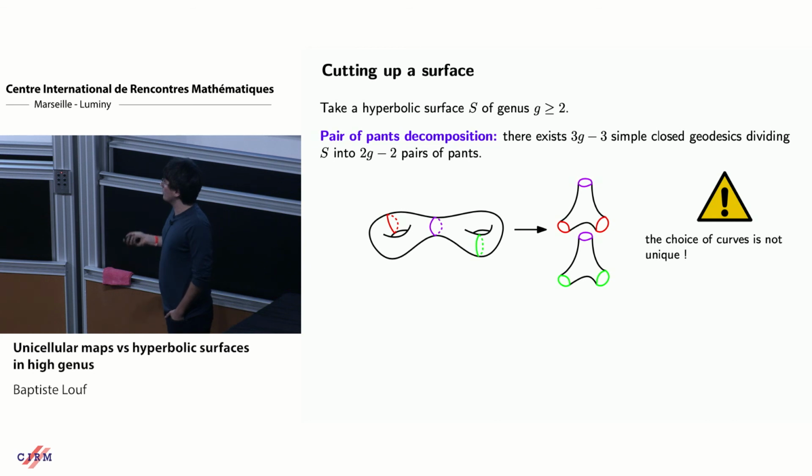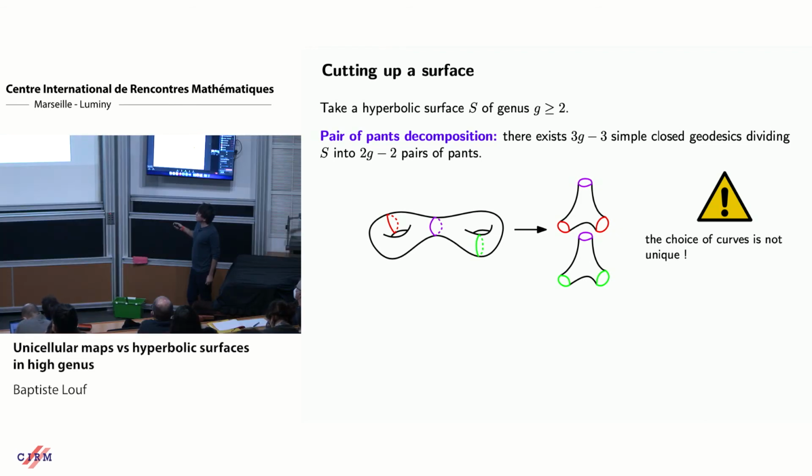And with this kind of hyperbolic surfaces, you can actually decompose them into the building blocks. It's a theorem that there exists a set of simple closed geodesics that divide your surface into a certain number of pairs of pants. So basically, these are curves here. They're simple. They don't intersect.